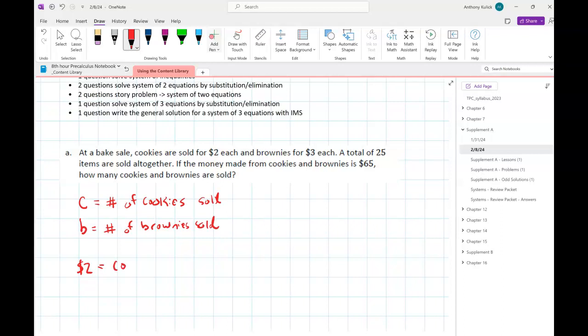So 1 cookie is $2. Okay, well, $2 then would be the cost per cookie, right? And the $3 would be the cost per brownie.